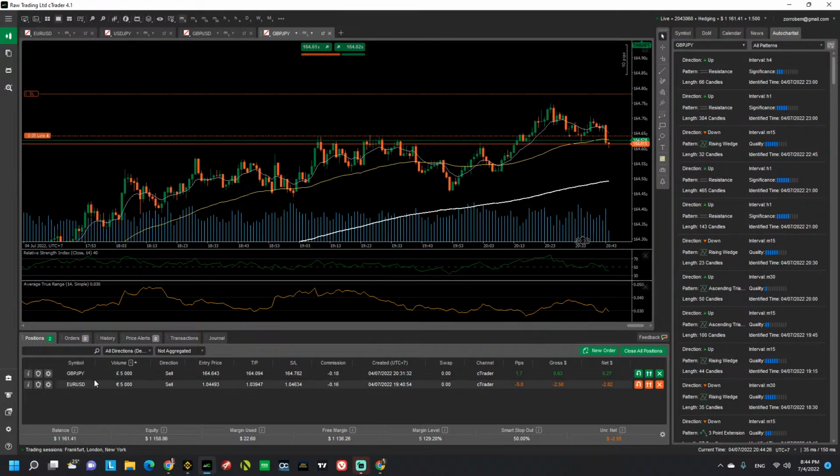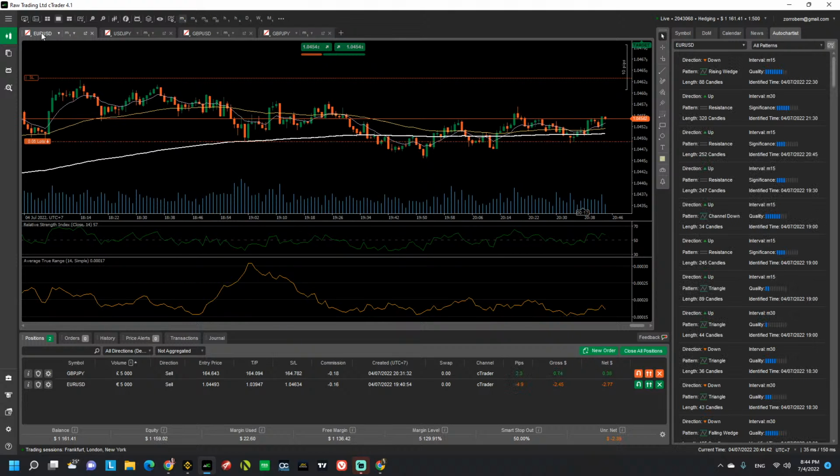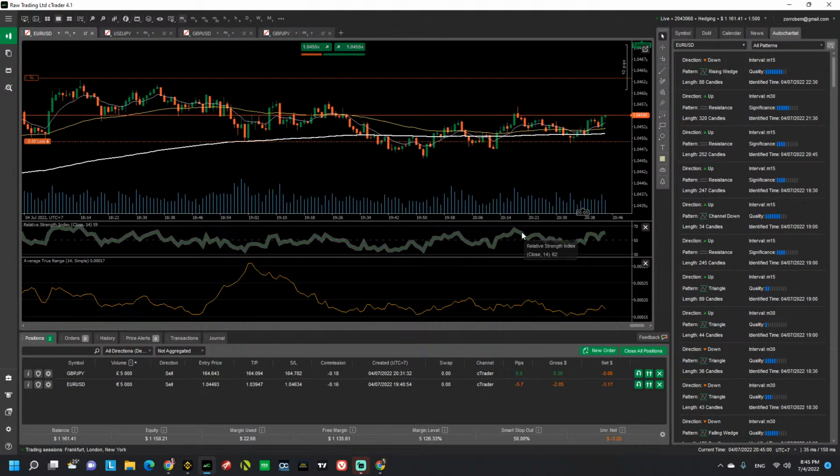Oh, so far our pound yen is going down. How about our euro? Still up. So our relative strength index is at the 61.